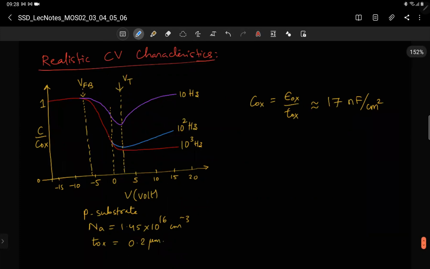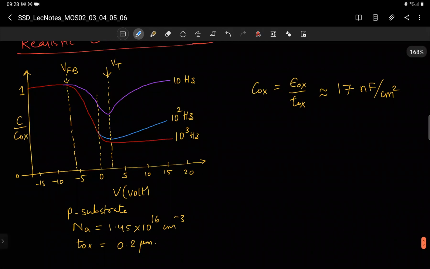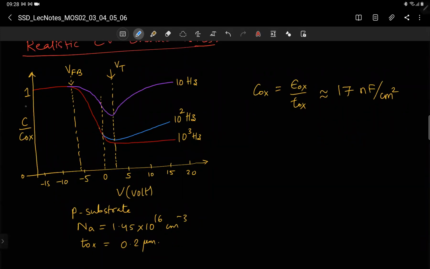And if you see the range of C, C by COX, where COX is epsilon ox by TOX, it is about 17 nanofarad per centimeter square for a TOX of 0.2 micron. But 0.2 micron is a very large oxide thickness.